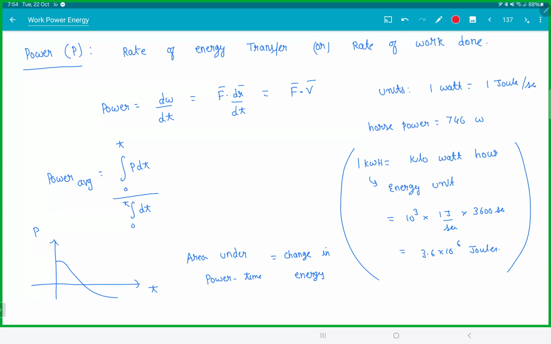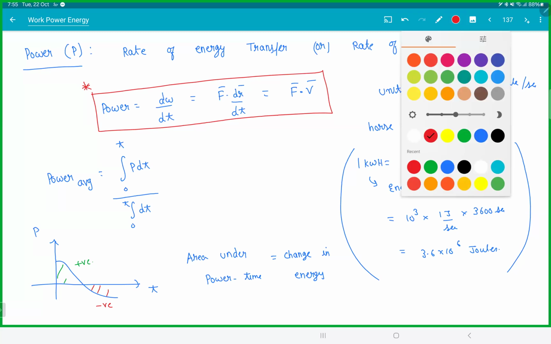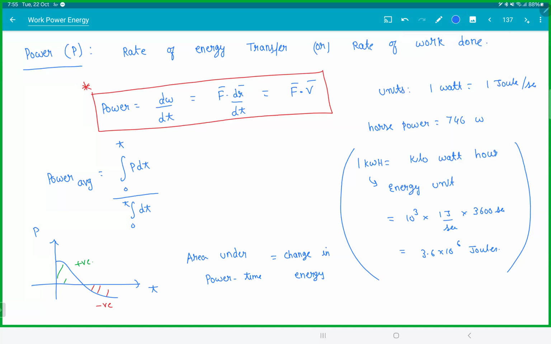Same convention: area above the time axis is positive area, and area below is negative area. There, this is your main formula for power. Not a big concept as such. There are really not too many things on this, but a few problems. Have a look at this. Be careful about that kilowatt hour. It's not a unit of power.